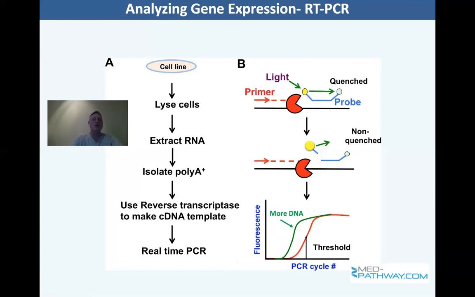So the PCR cycle at which you achieve threshold is inversely related to the initial amount of substrate template you had in your PCR reaction, which means you had less messenger RNA in that cell. And you can quantitate by the difference in threshold number, because you know that in each PCR cycle, you go up by a factor of 2.